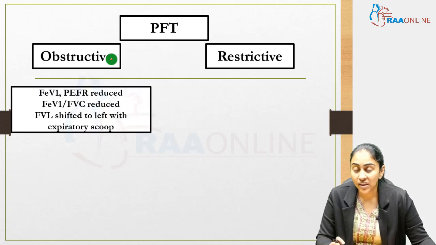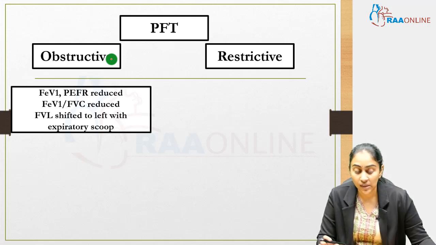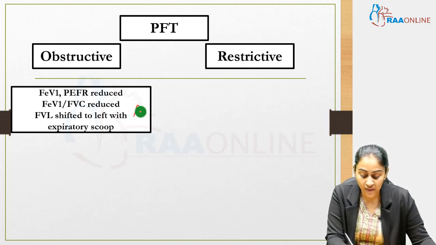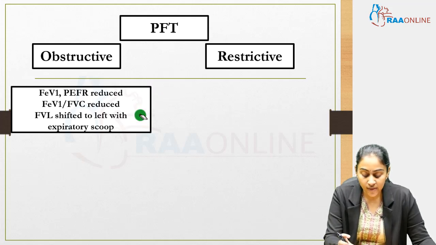Now on the PFT, these are the values that are generally described: the FEV1 and the PEFR. If they are markedly reduced, the FEV1 FVC ratio is also reduced, and the flow volume loop shows a leftward shift with an expiratory scoop. Typically this is how the graph will look, with this kind of expiratory scoop.